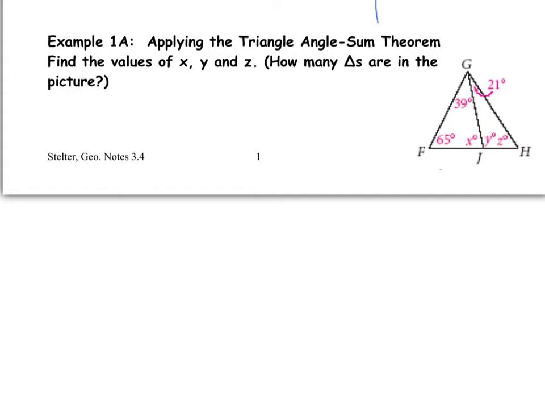What I see first is this triangle right here has 2 out of the 3 angles. So if I said 39 plus 65 plus x equals 180, then I would know that I need to subtract 39 and 65 from that 180.